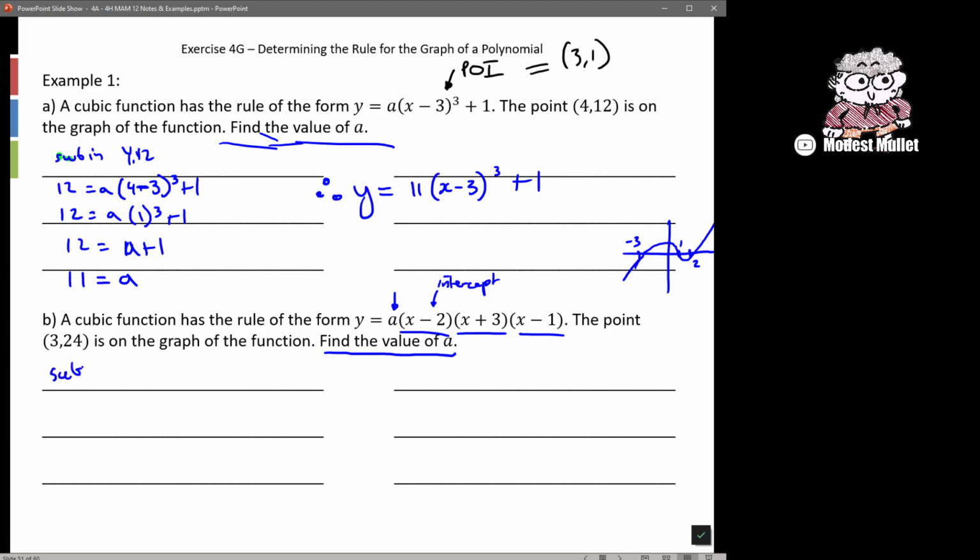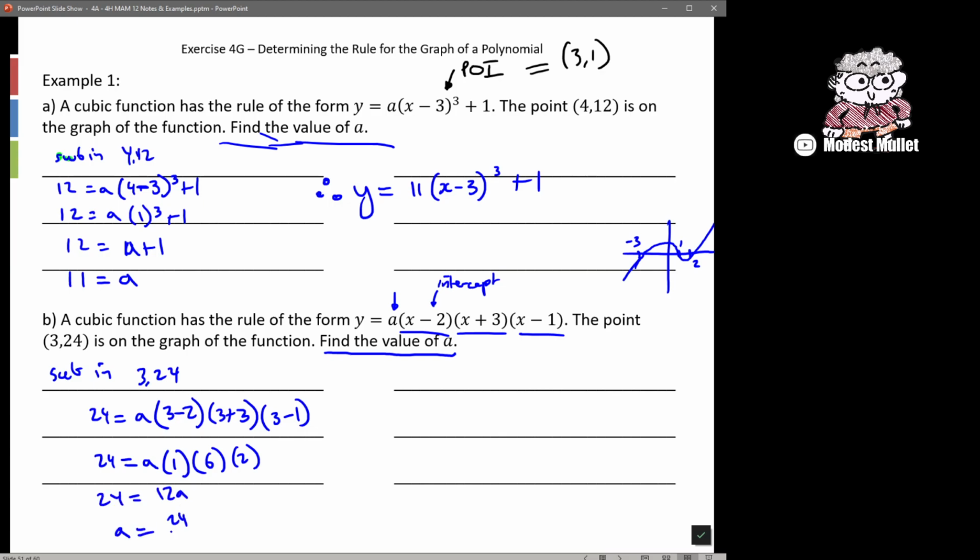So we're going to sub in 3, 24. We get 24 is equal to a(3 minus 2)(3 plus 3)(3 minus 1). We get 24 is equal to a(1)(6)(2). So we get 24 is equal to 12a.